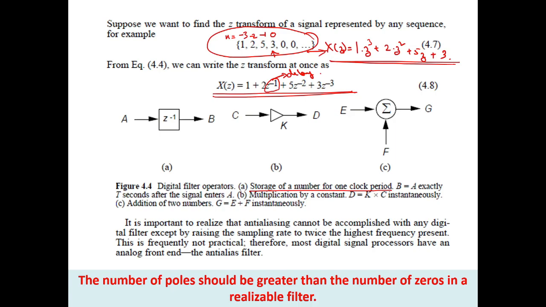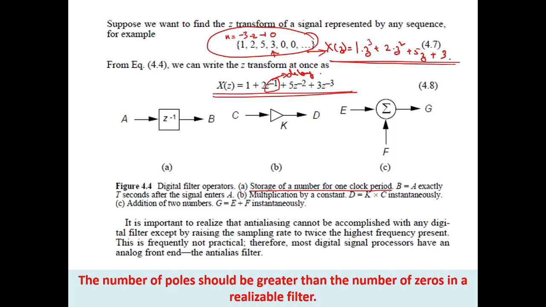So this is the function of the delay. A delay holds a number or an input for one clock duration, that means until the next input enters into the system. That we will discuss in a few moments.